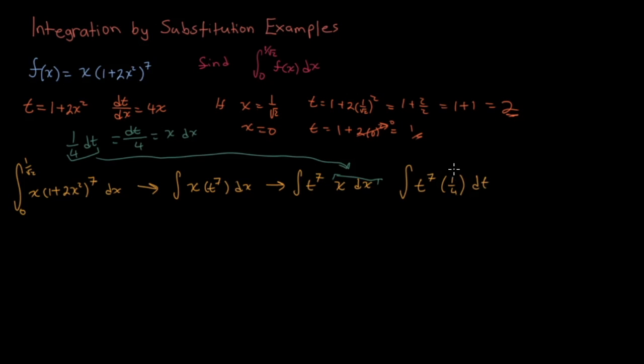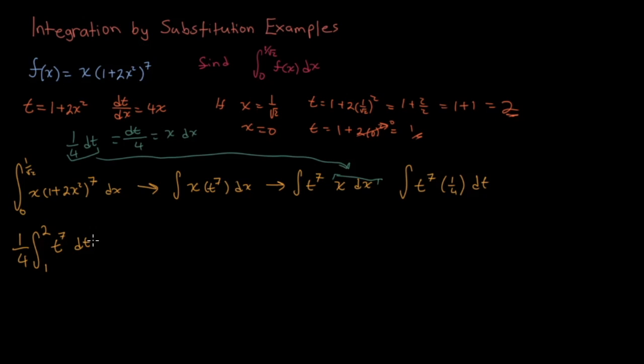Then we simply bring out the 1 over 4, and I'm actually going to put in the intervals now. So you get 1 over 4 times the integral from 1 to 2 of t to the power of 7 dt.